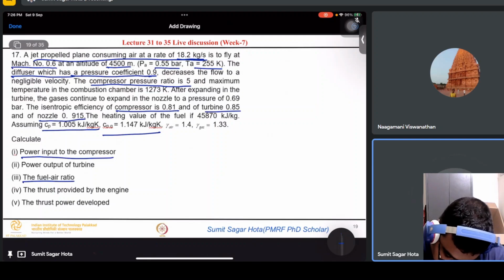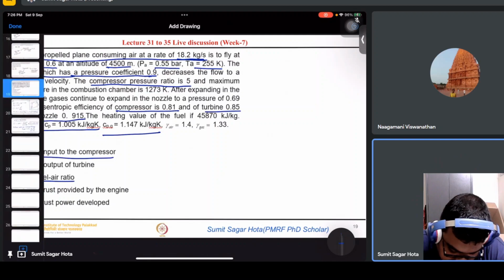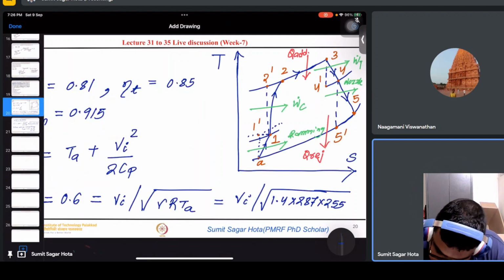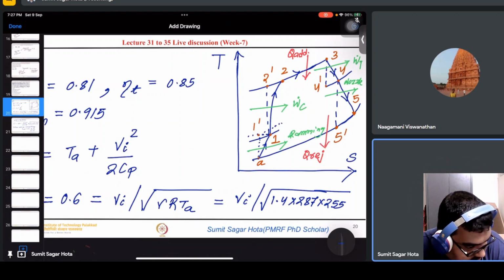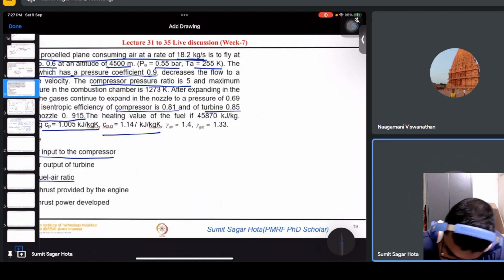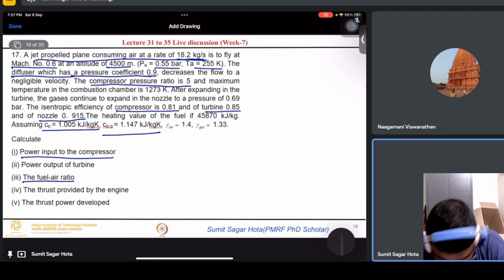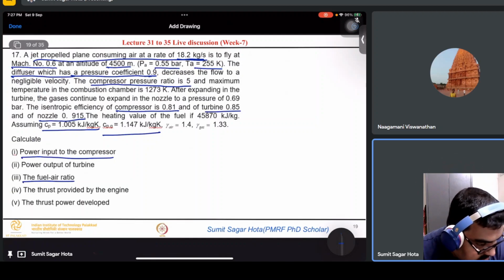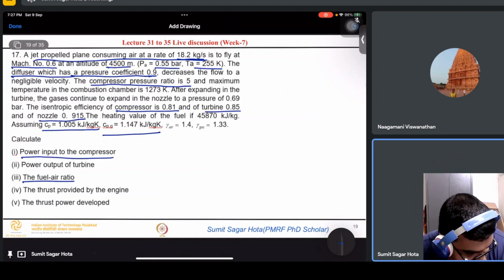Here one thing I think is not mentioned: work done by the turbine. Work done by the turbine should be given in the question. Okay, I get it.